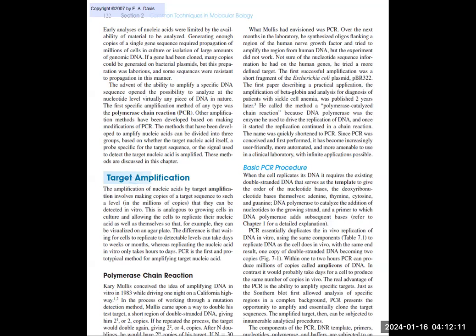For the basic procedure, in the process of DNA replication within cells, the existing double-stranded DNA serves as the template. So the starting point of our PCR is our template, constituted by double-stranded DNA, because that dsDNA serves as a template and provides the sequence for nucleotide bases like adenine, thymine, cytosine, and guanine.